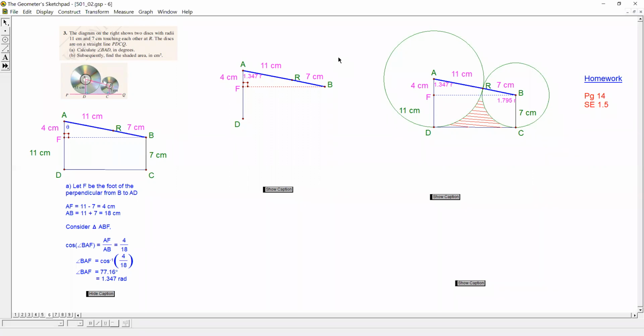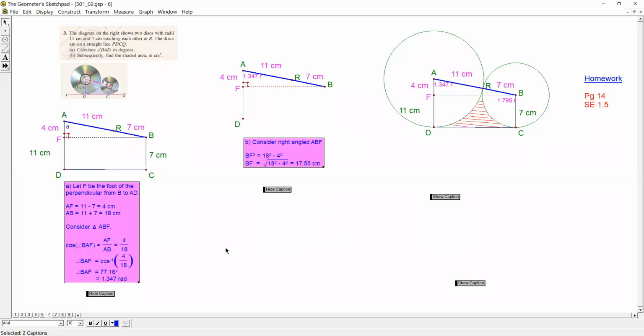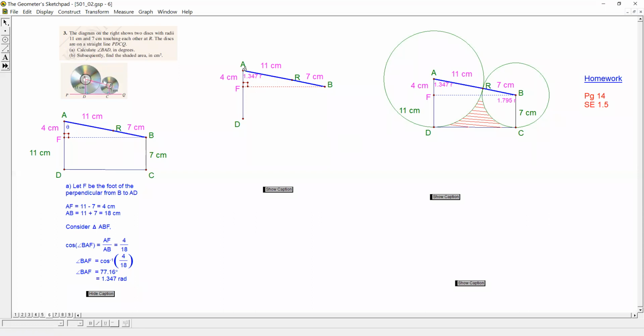But I know trigonometry. So trigonometry tells me, if you want to find the angle BAF, I use cosine, because this is adjacent and this is hypotenuse.